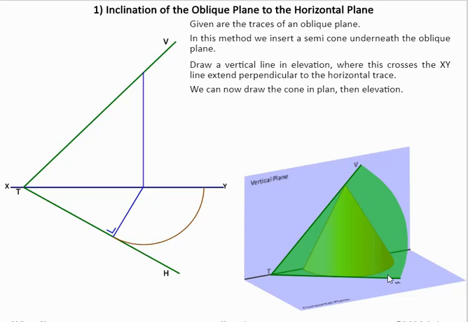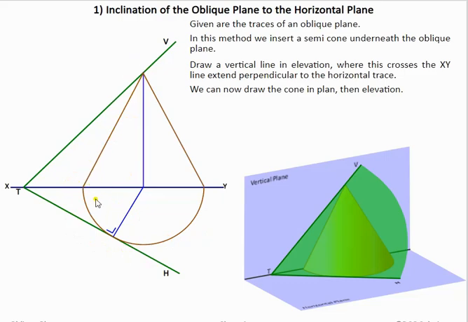First of all we take a vertical line anywhere, then where it hits the XY line, bring a line 90 degrees to HT. This gives us the base of our cone, so we draw the base of our cone here, and then we draw the side of the cone.